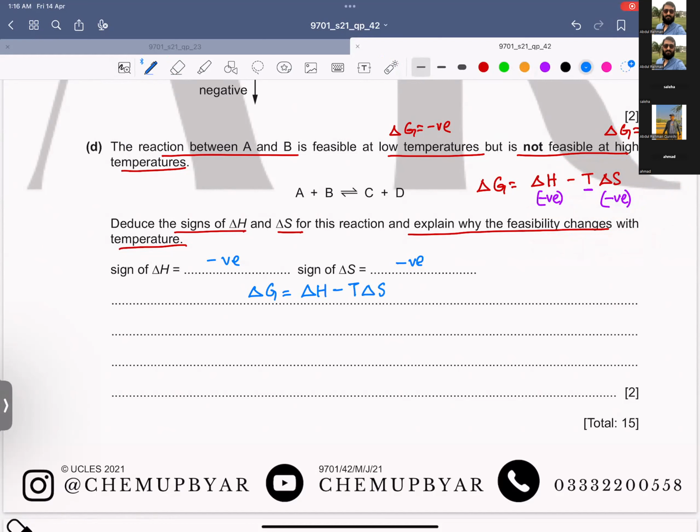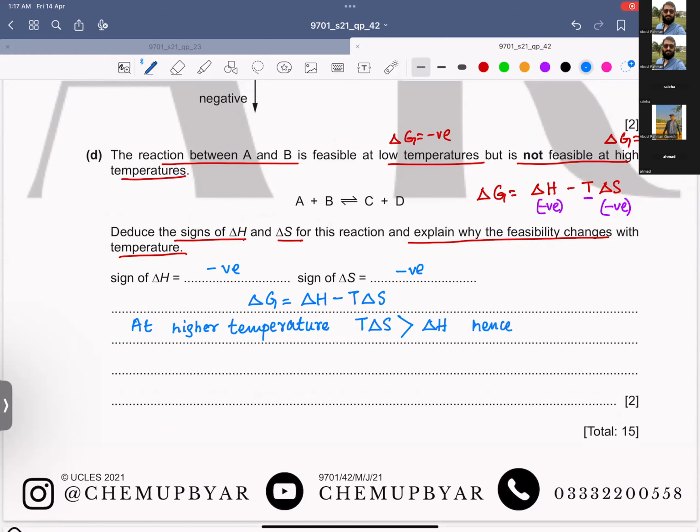So we can write that at higher temperature T delta S is greater than delta H, hence delta G is positive.